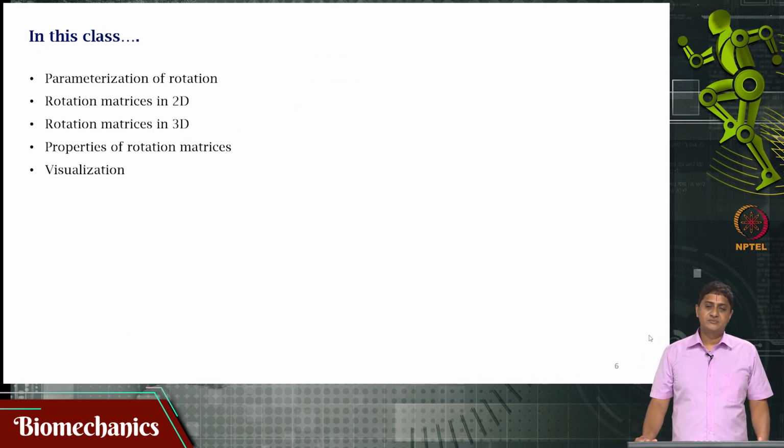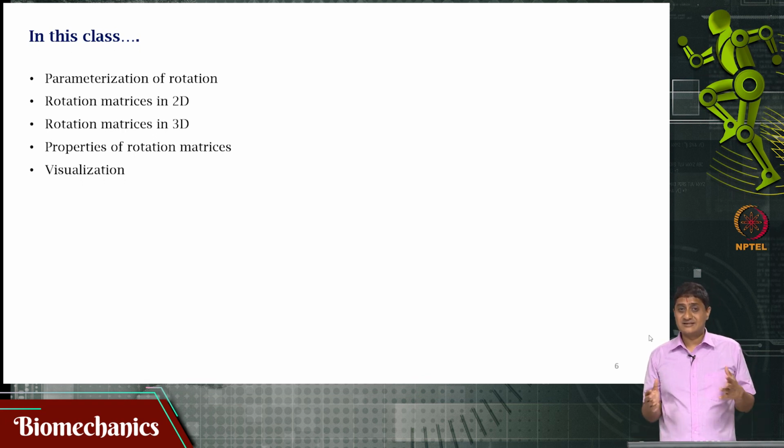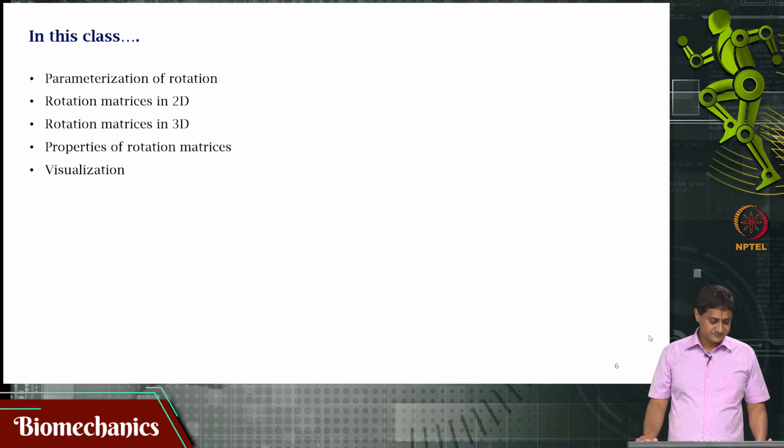In this video, we focus our attention on how we parameterize rotation, what rotation matrices are, what rotation matrices are in 2D, what rotation matrices are in 3D, and some important or crucial properties of rotation matrices that help us analyze this kind of data with some ease, and visualization.